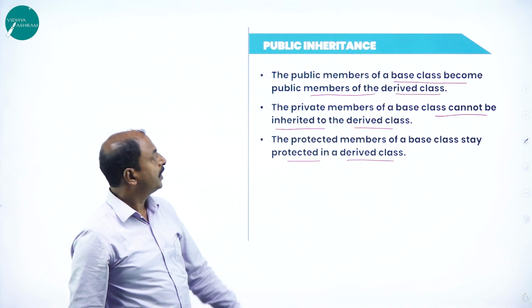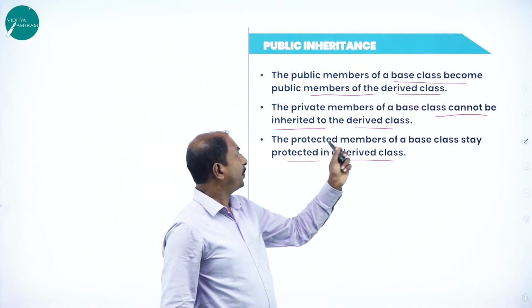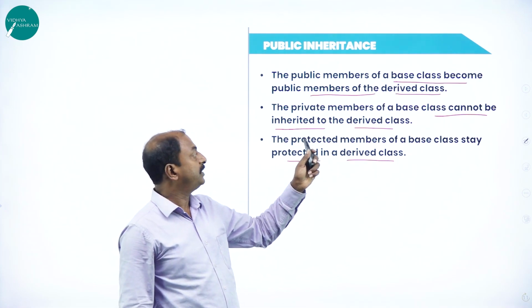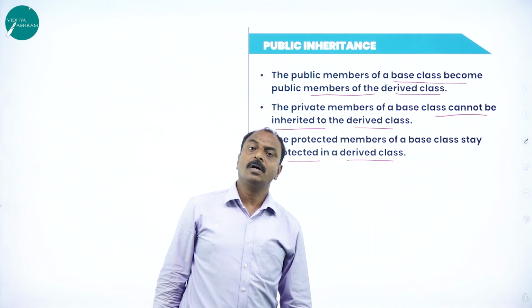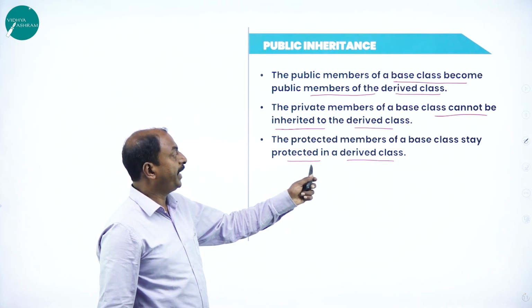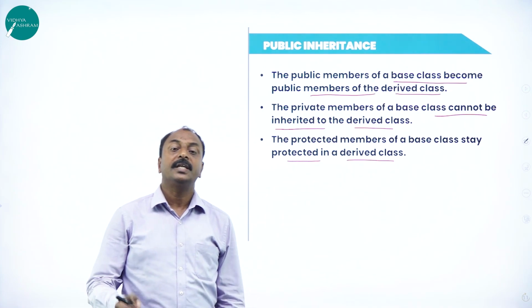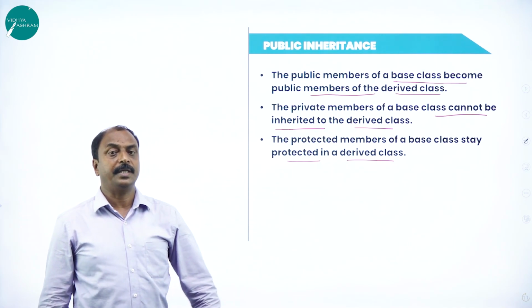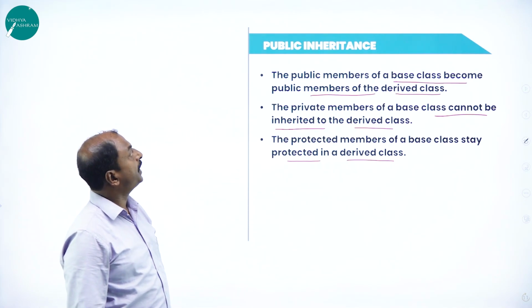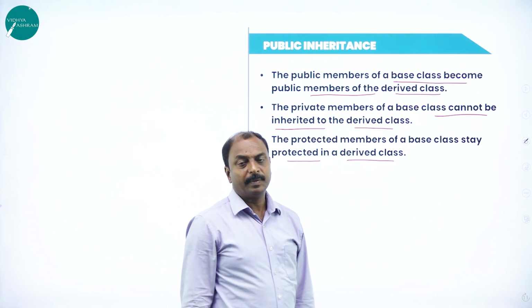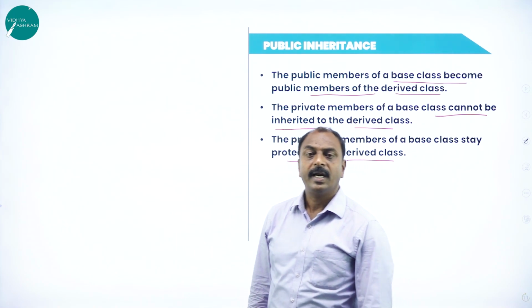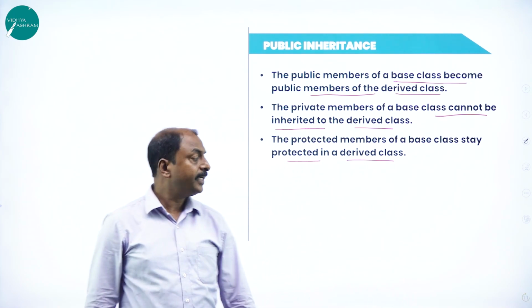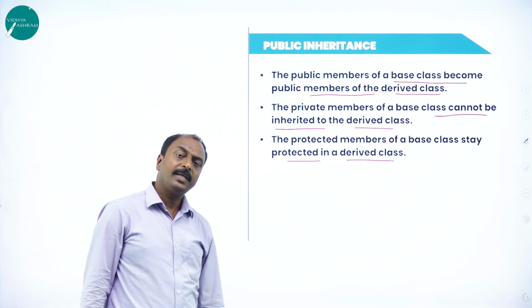So this is the definition of public inheritance. Generally in public inheritance, private members cannot be inherited, and public and protected members remain the same.